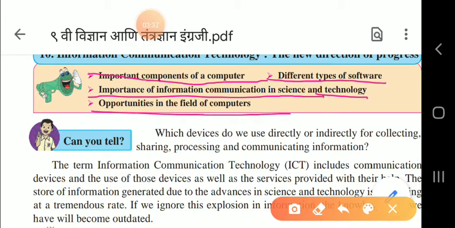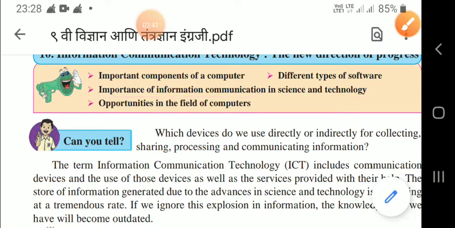Now here we'll see, children, which devices we use directly or indirectly for collecting, sharing, processing and communicating information, that we study under this technology. And those devices are, you all know, computer, mobile, so many types of devices are there.